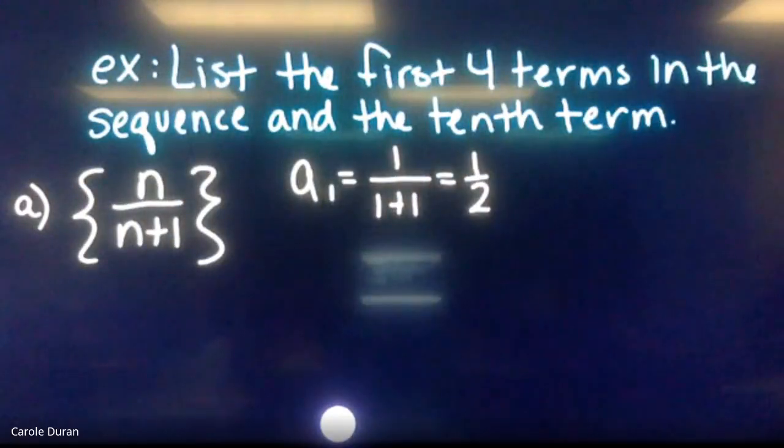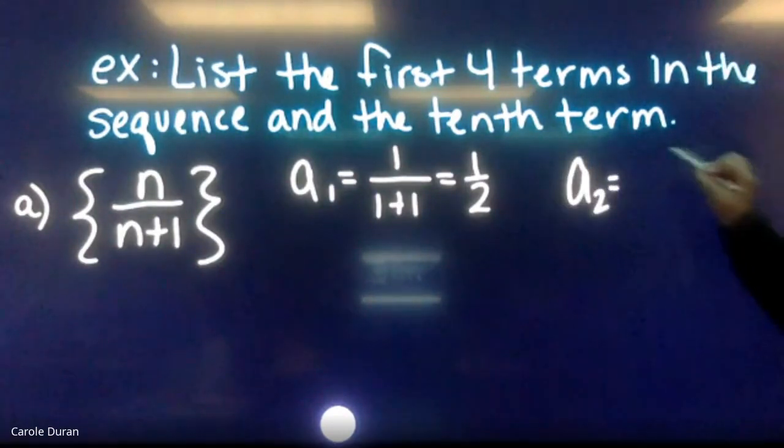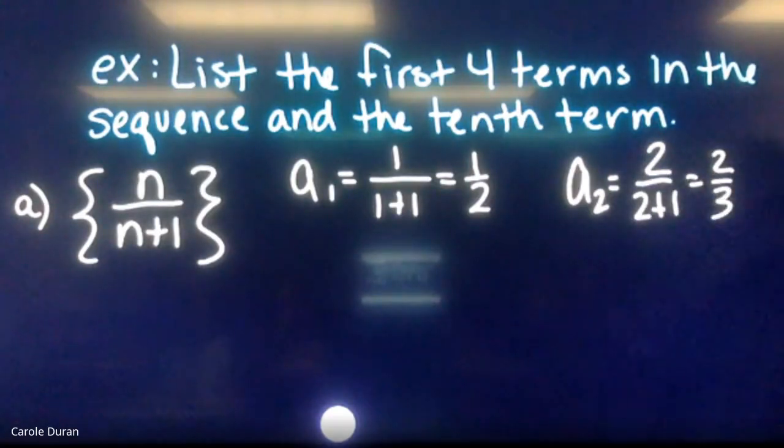So the first term in this sequence is 1/2. Then I find the second term. Any ideas about how I'm going to find the second term in the sequence? Plug in 2 for n. When I do that, I get 2 over 2 plus 1, which equals 2/3.